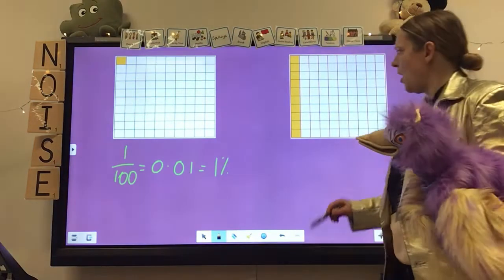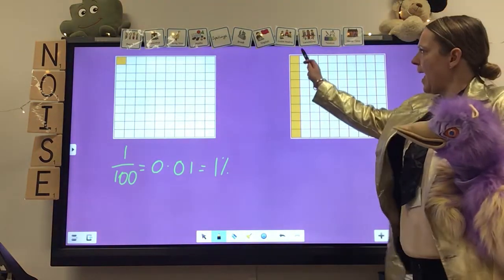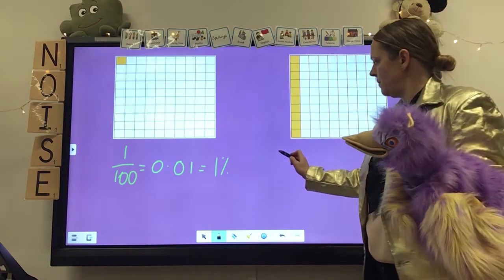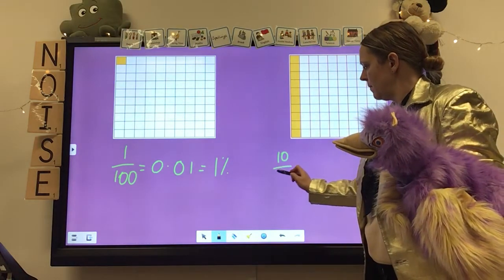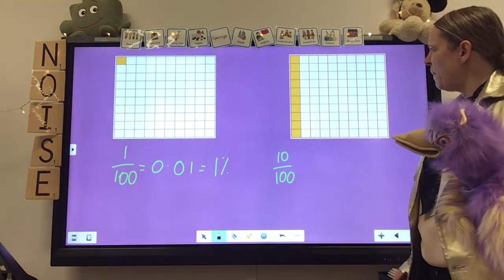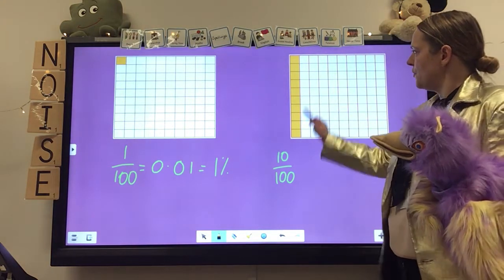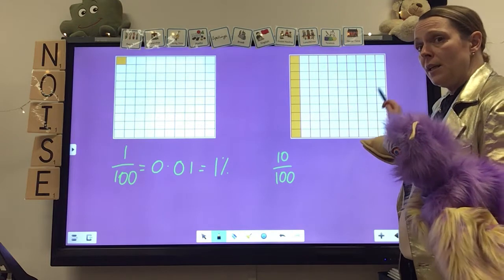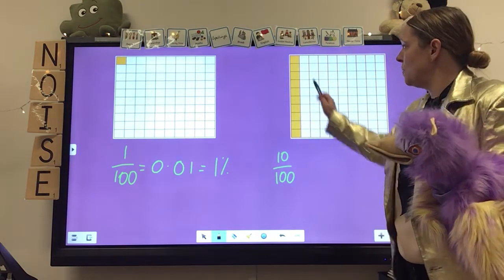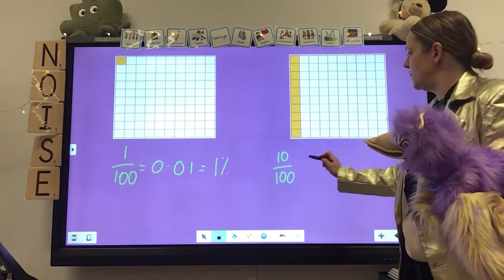Okay, over here I have 10 out of 100 highlighted. But do you remember I said if we've got 10 columns, 1 out of 10 columns is highlighted.